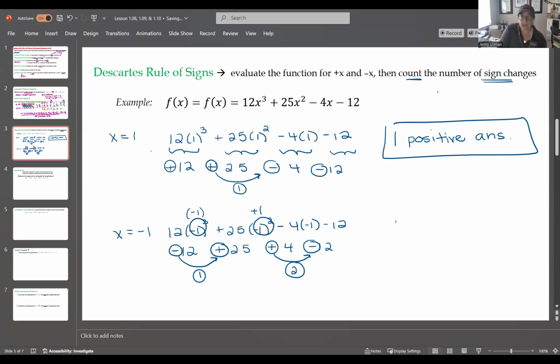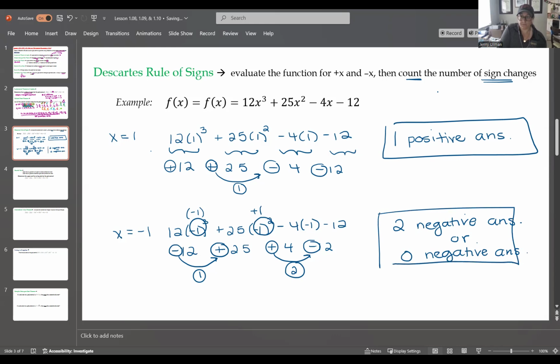That means I can have 2 negative answers or 0 negative answers. You might be thinking, wait, 0, but I have to have a total of 3. Remember, not all of our answers have to be real. So the other option is that we have our 1 positive and potentially 2 imaginary answers.